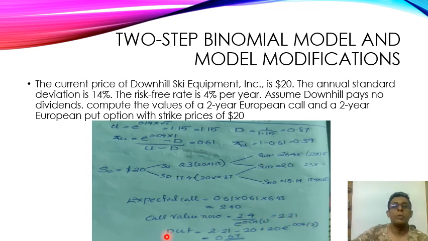From the call value we find the put. This is the flow we go through while computing the put and call option values as per the two-step binomial model.